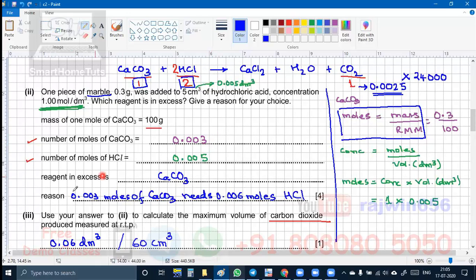So 0.003 moles of CaCO3 will need 0.006 moles of HCl. It will require 0.006, but how much are we having? 0.005. So HCl is less, and CaCO3 is in excess. CaCO3 becomes the excess reagent. Okay, so understood.